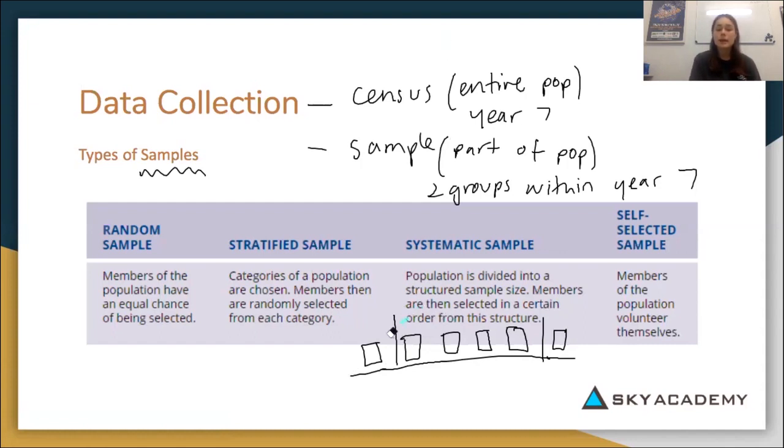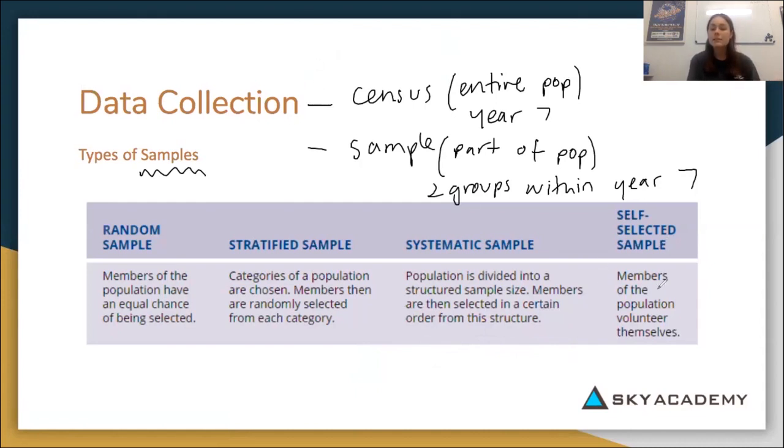And finally, we have self-selected sampling, which is in the name, self-selected. It's where people volunteer themselves. So you might go up at assembly at your school and say, I am running a survey to get data, information from this school. And then you can say, whoever would like to participate, come and write your name down.